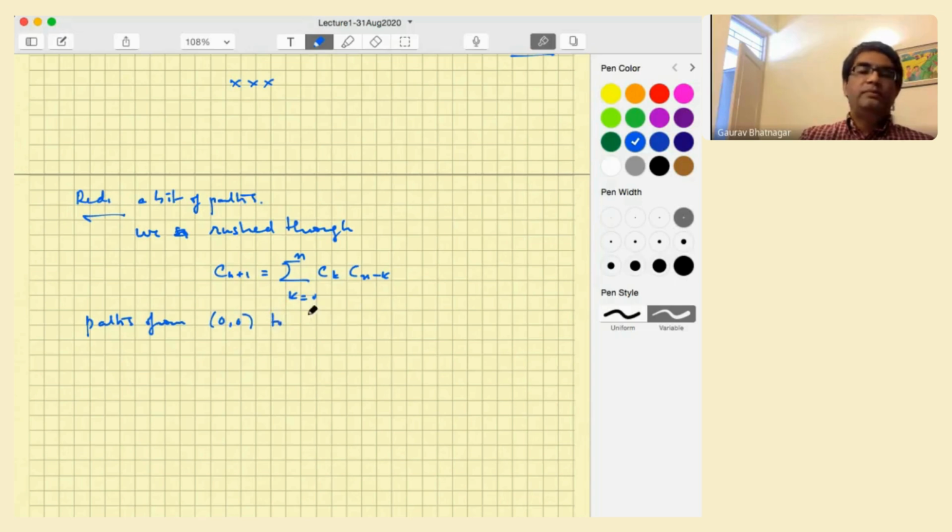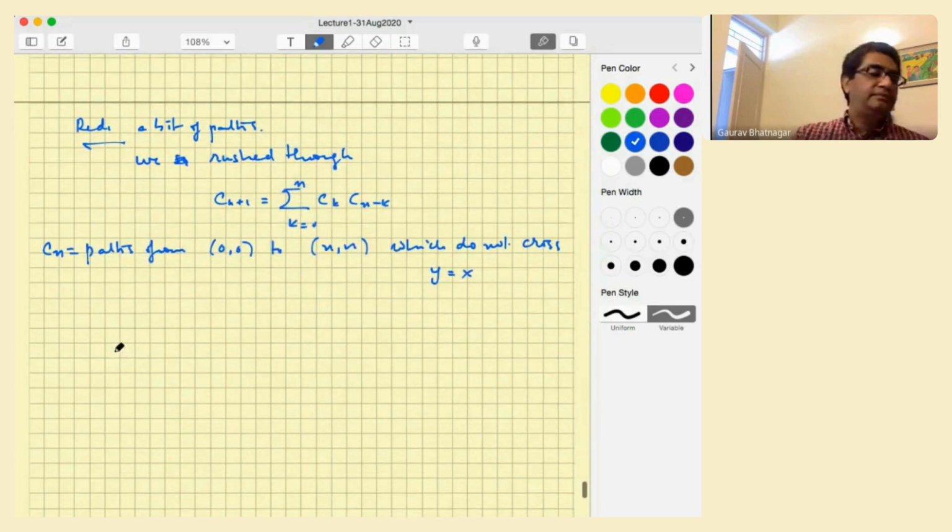So we recall that paths from (0,0) to (n,n) which do not cross y equal to x, this is C_n. So let's do it by example. We are bothered about n equal to 3. One of them is with this guy, 1, 2, 3 this way, 1, 2, 3 this way.